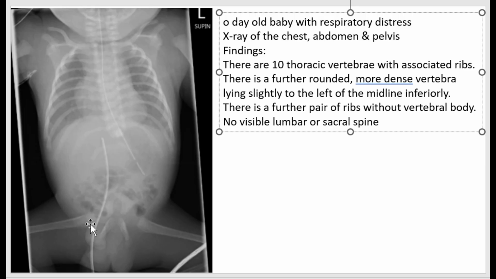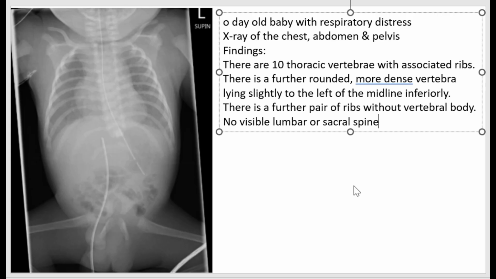What about the iliac bones here? The iliac bones appear to meet in the midline posteriorly, and no gas in the distribution of the rectum.